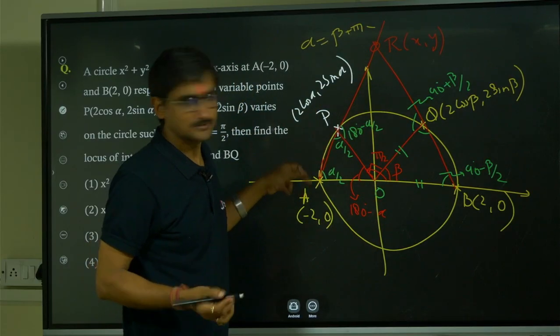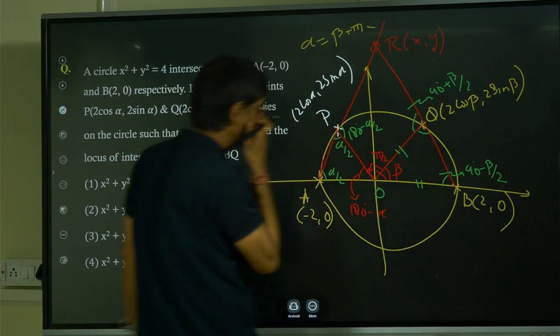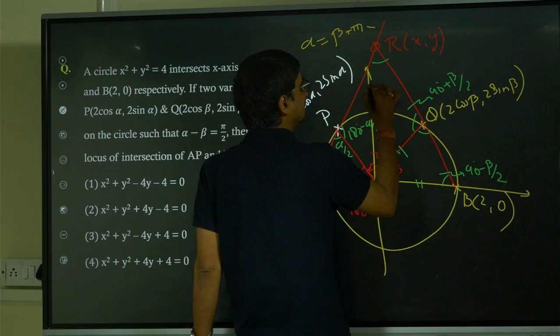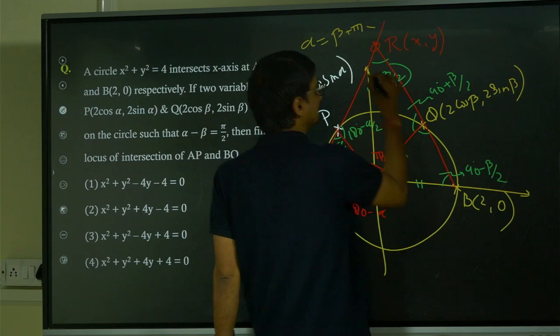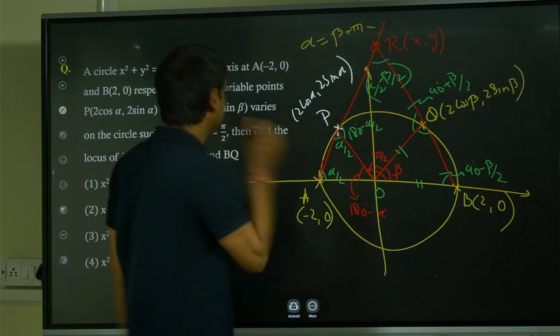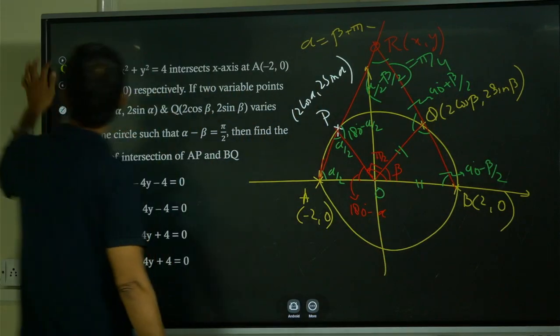Now OQRP is a quadrilateral, 90, 180, 90, 180, 360. So this is nothing but alpha by 2 minus beta by 2. Sum is 360, and this is nothing but pi by 4. I think from here we will get it, and I think we got it.